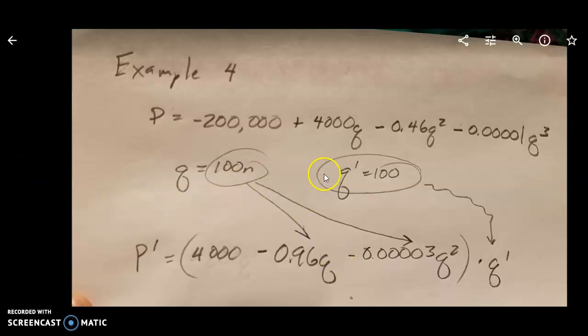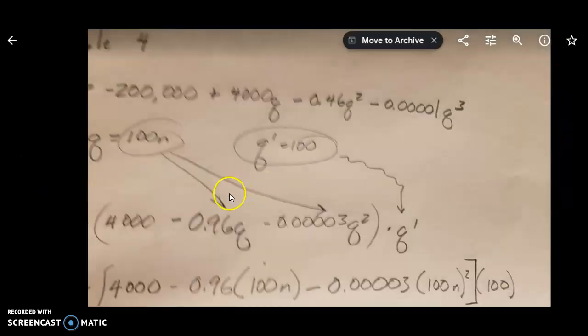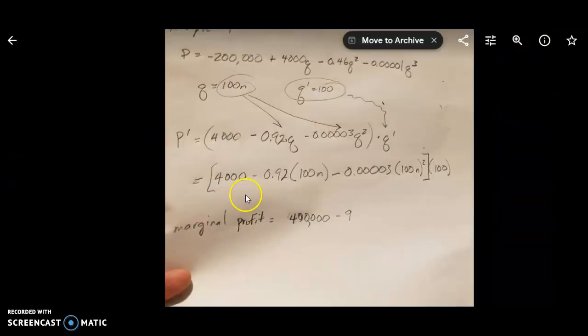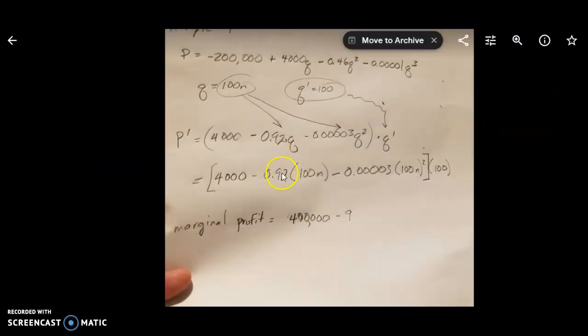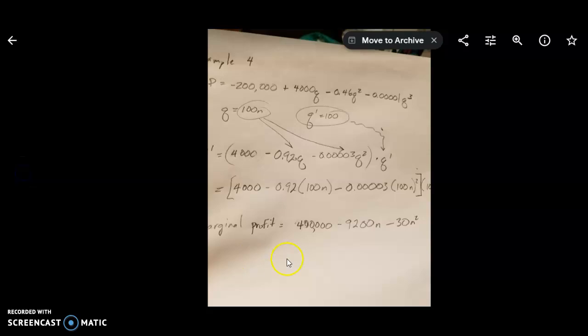So I put it in, figure, derivative of 100n is just n. So I stuck those in, and I got this answer. And by the time you multiply the 100 through and square the 100 right here, you get this answer in your book. And it's here where I realized, wait a minute, the book says 92. So I went back, oh, look, I multiplied 2 times 46 and I got 96. No, it's supposed to be 92, so I changed that to 92, 9,200.